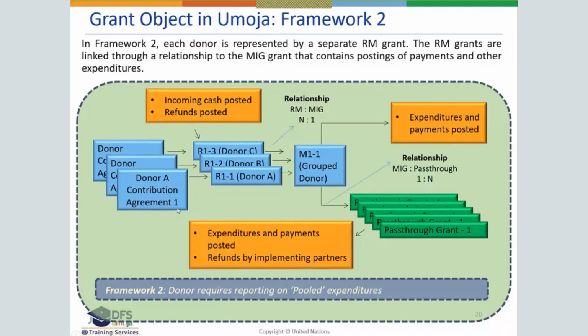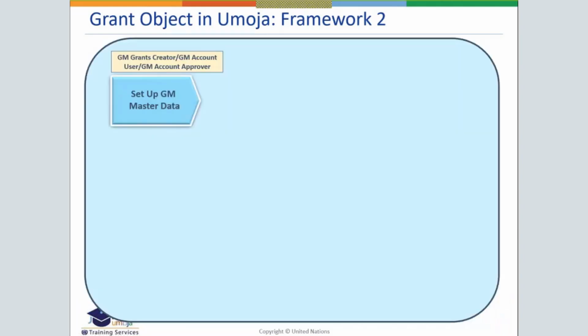Okay, so we are going to see now the life cycle of a grant in Umoja. Imagine that we have received the agreement signed with the donors, and we have to start implementing this agreement in the system. For what?